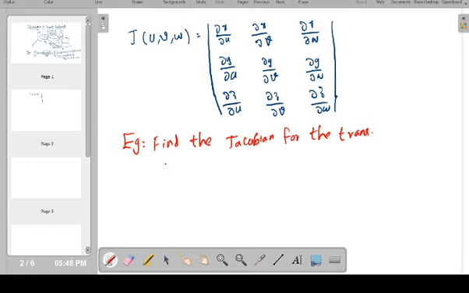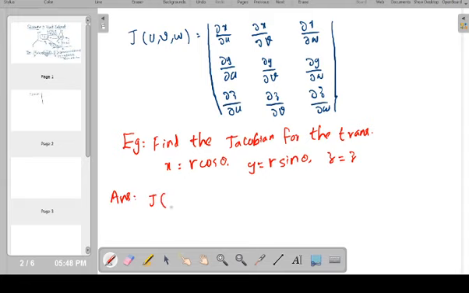x is equal to r cos theta, y is equal to r sin theta, and z is equal to z. So the answer is the Jacobian.